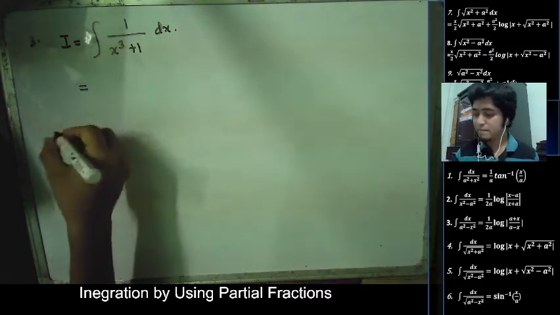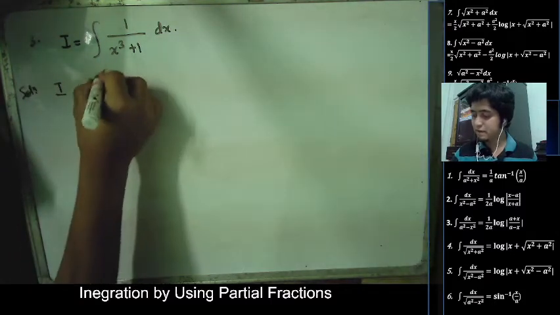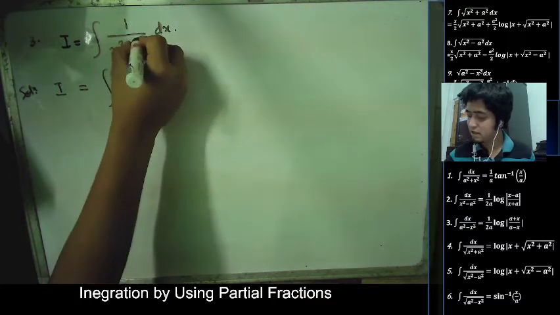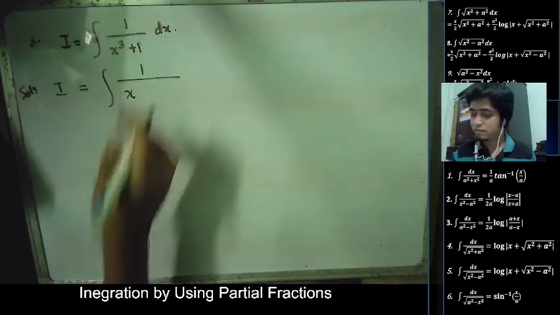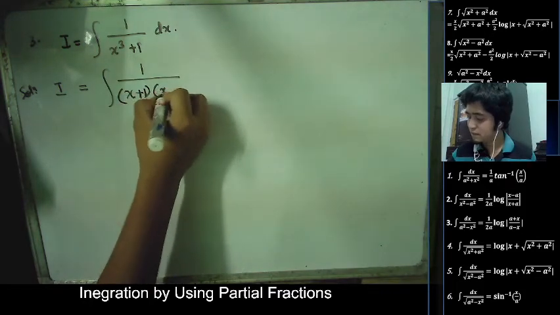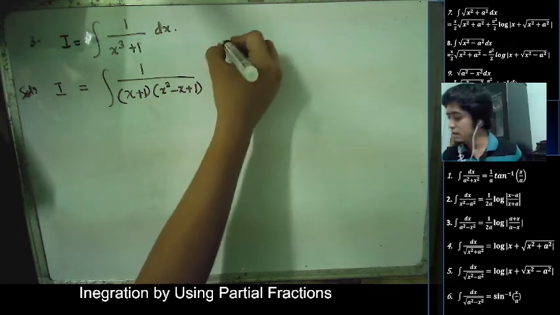Again, the first step is factorizing the denominator. This one is a cube plus b cube. So we can write it as x plus 1, x squared minus x plus 1.